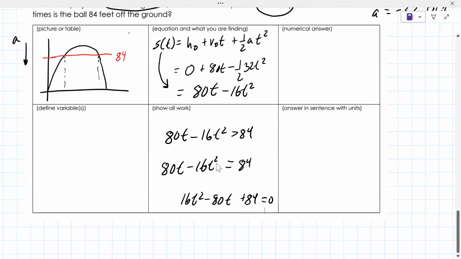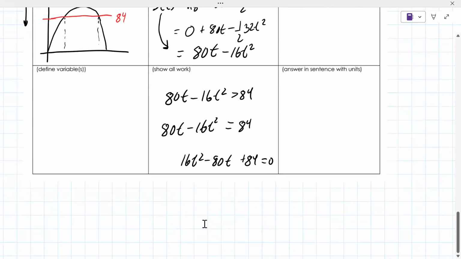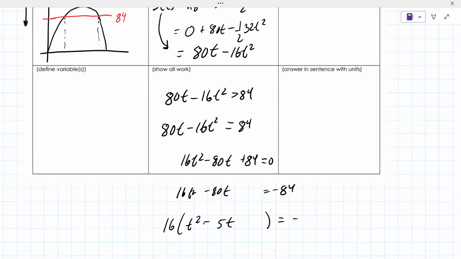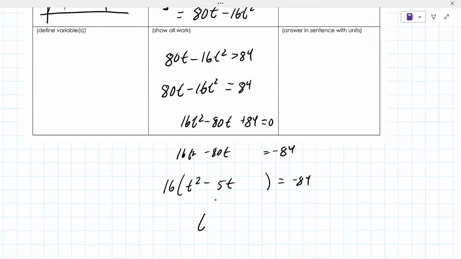What would you like to do here? I'm going to do completing the square. All right. So we're going to move that to the other side. You factor out the 16. It's not the greatest because it's 5/2. Now, when you square that, it's 25 over 4. 25/4 times 16.